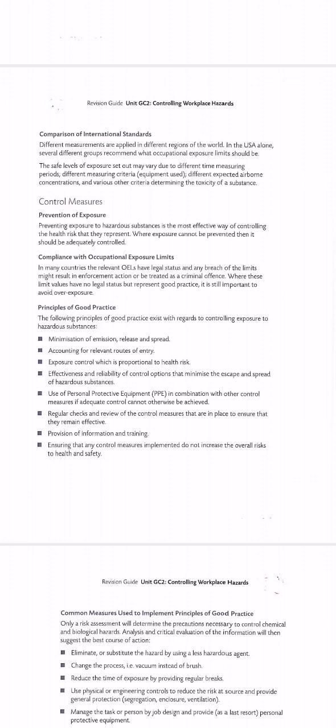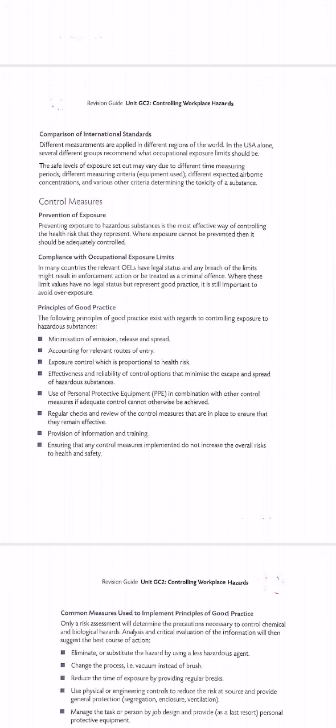The following principles of good practice exist for guiding the control of exposure to hazardous substances, to the bad substances. You should try to follow this good practice. I'm going to highlight about eight. Number one, you have to minimize emission, release and spreading. You have to minimize that, right?